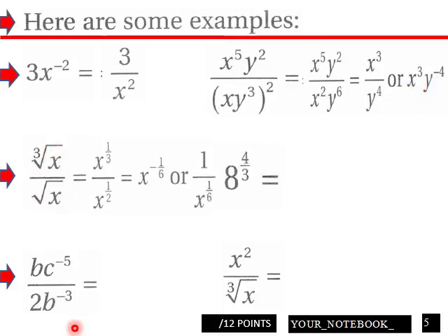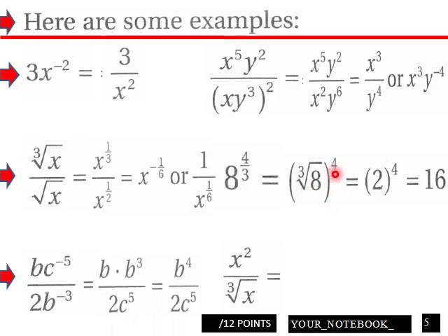And then here, we have x to the 1/3 over x to the 1/2, which equals x to the negative 1/6, because we use our quotient rule of exponents, or we could write it this way. We could keep it down in the denominator, and 8 to the 4/3 would become the cube root of 8 to the 4th power.